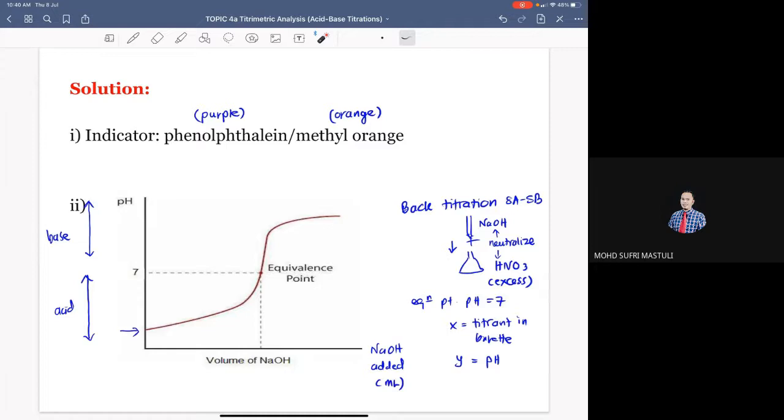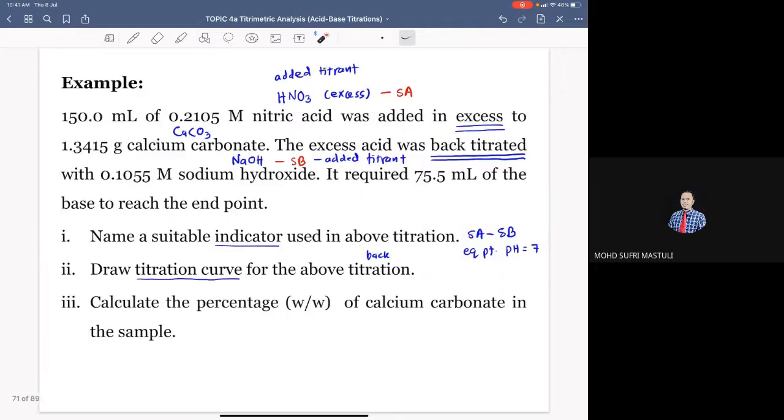It is very much determined by what the analyte in the conical flask is. For a strong acid and strong base, the equivalence point is at pH 7. Alright, so this is the titration curve. Okay, moving forward to another question.